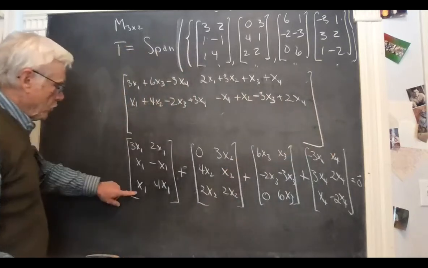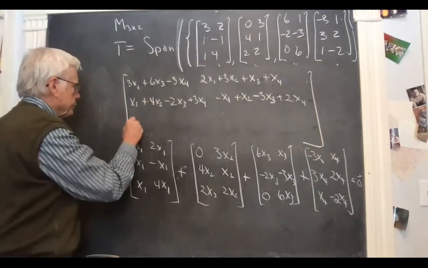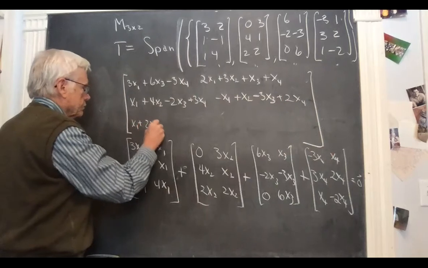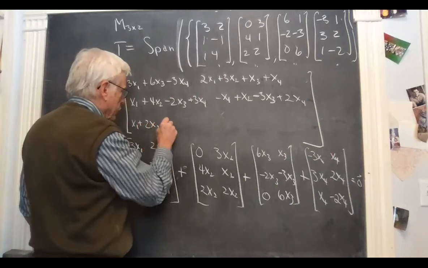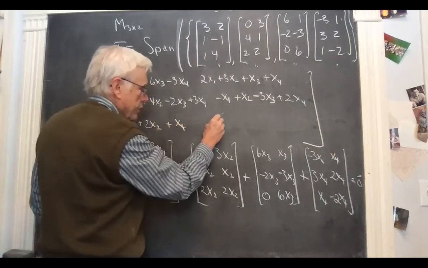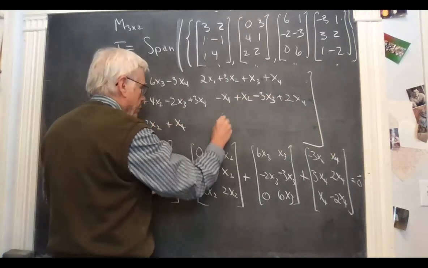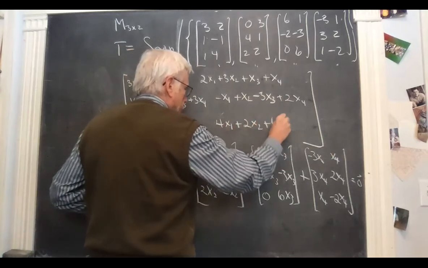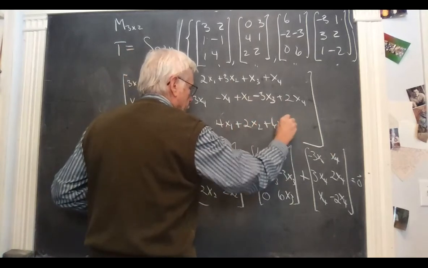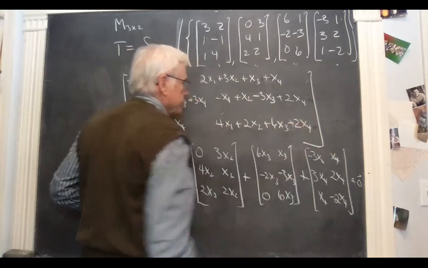The last row, x1 plus 2x2 plus 0x3 plus x4, and then 4x1 plus 2x2 plus 6x3 minus 2x4.